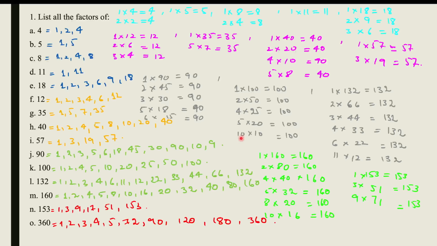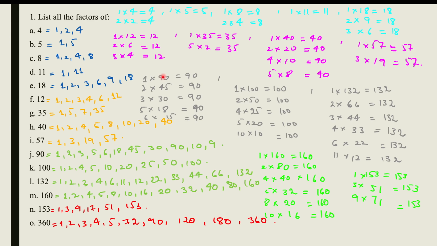The lowest factor of any number is 1, and the highest factor is the number itself. So here, as you can see, 90 is the highest factor. If we go beyond 90, it is not possible, because 90 can be completely divided by a number equal to itself or lower, not higher.